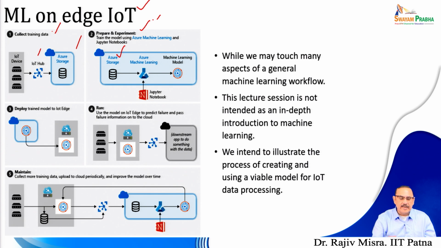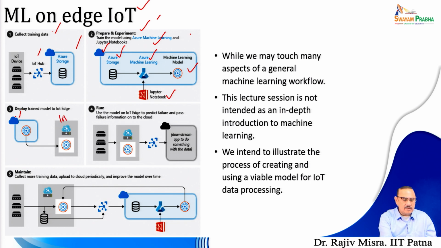For that, it will train the model using Azure machine learning algorithms, and using a Jupyter notebook it will train the machine learning model. Once the model is trained in the cloud, this cloud service will deploy the trained model to the IoT edge.